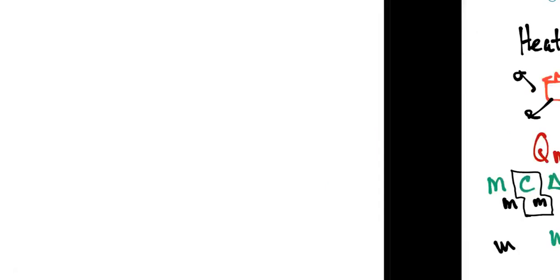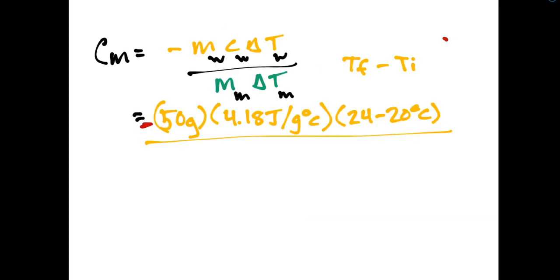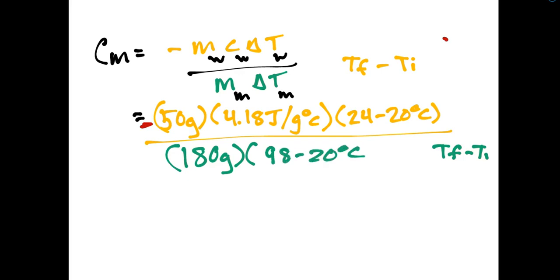The mass of the metal was 180 grams and it started at 98 degrees. So this is 180 grams on the bottom. And its TF minus TI is going to be 98 degrees minus 20 degrees Celsius. You can pause if you like, but you should try to do this math on your own, okay?